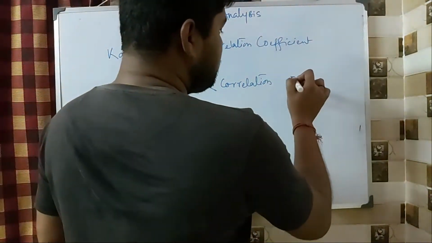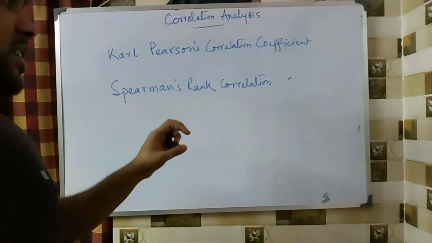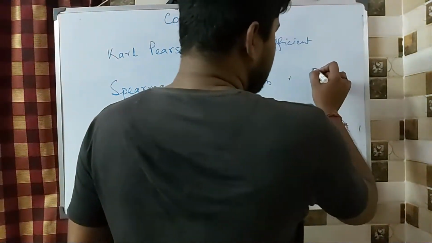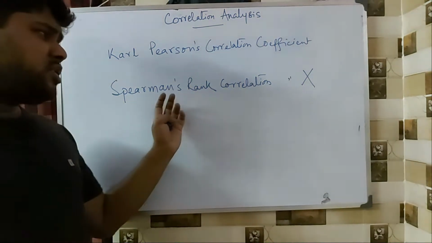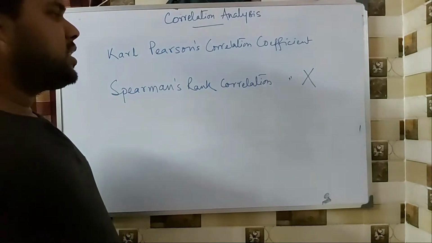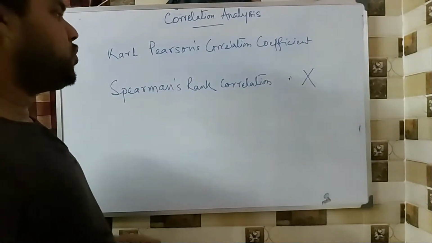Now, Spearman's rank correlation has been omitted from the syllabus, so we are not doing this. But this is actually there in the full syllabus, which has been omitted. So we are just skipping this out. We will just talk about Karl Pearson's correlation coefficient.